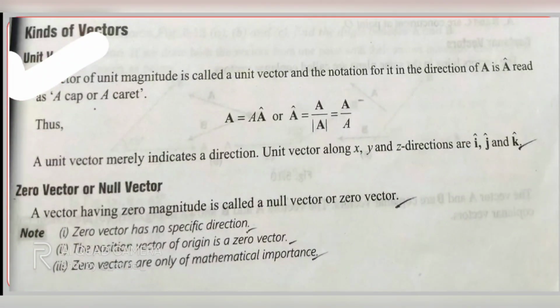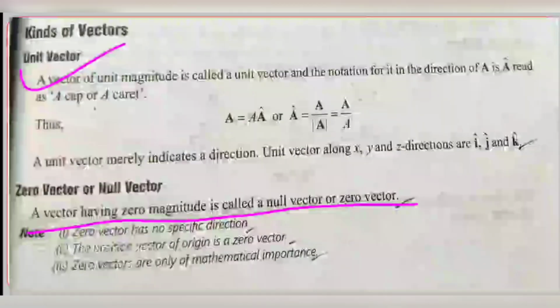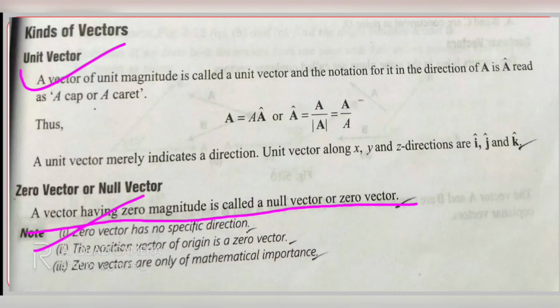Now we have the zero or null vector. A vector having 0 magnitude is called a null vector or 0 vector. A vector which has no specific direction, or whose position of origin is 0, is a 0 vector, and 0 vectors are only of mathematical importance.